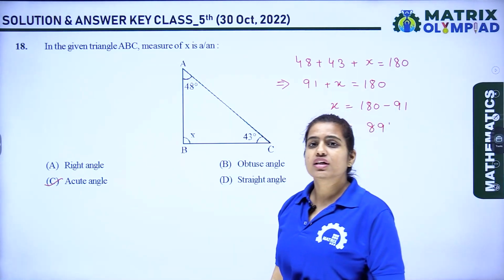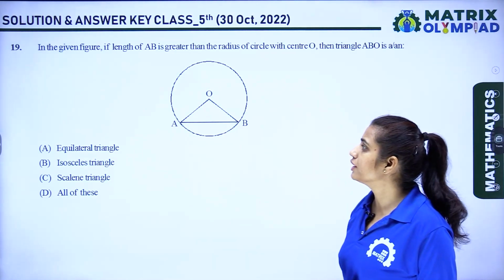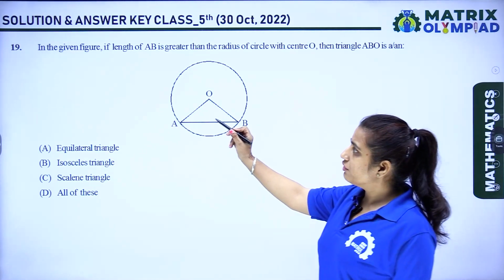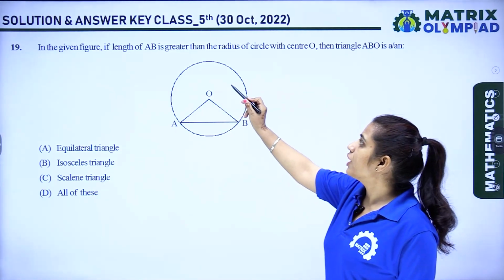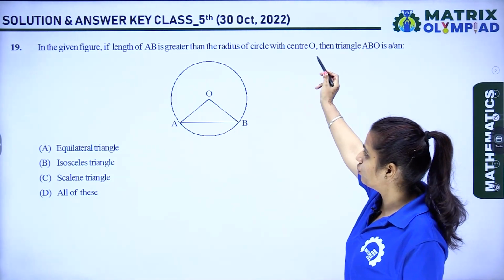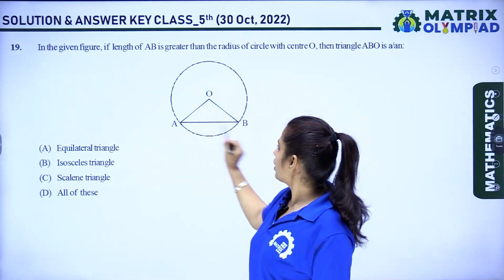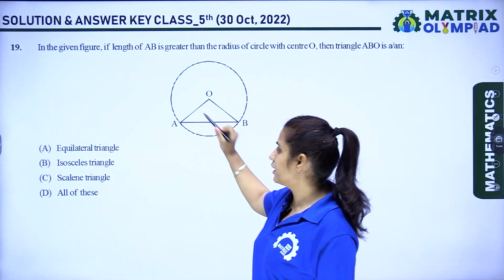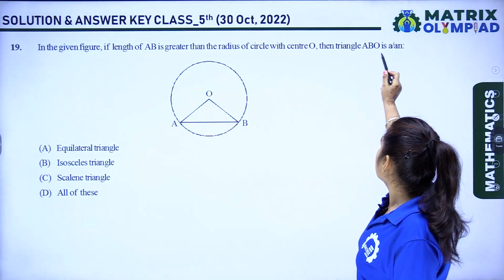Now let's begin with the next question. Question number 19. In the given figure, if the length of AB is greater than the radius of the circle with center O, it means the length of AB is greater than this radius, then the triangle AOB is.